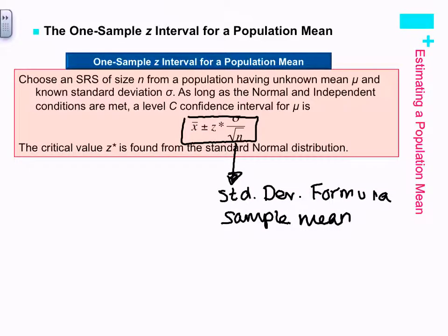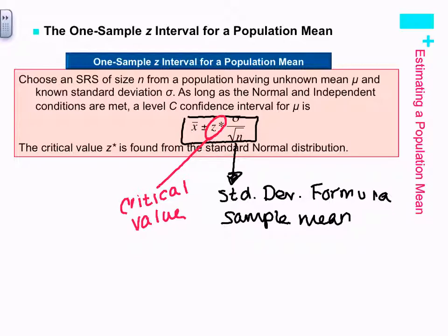Okay, the other thing that is going to change, and we will talk about that momentarily, is the idea of using a z-critical value. So we will still be using a critical value, but it's not going to be a z-critical value anymore, because we're going to see that our means are not actually normally distributed.